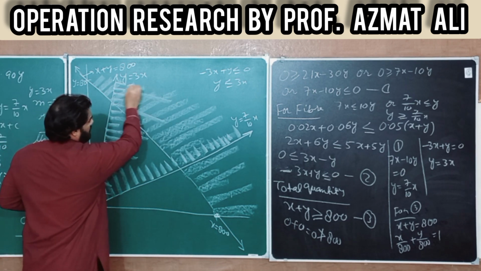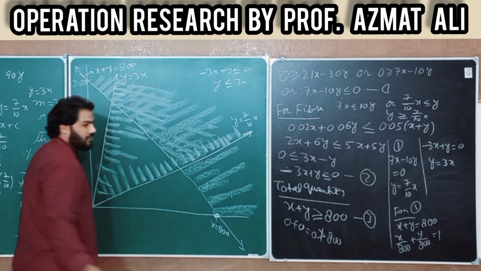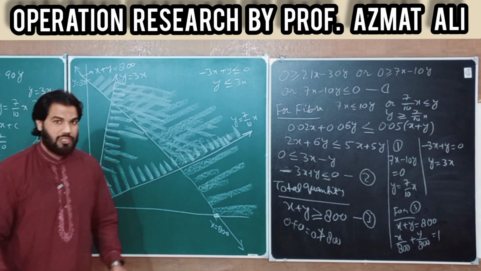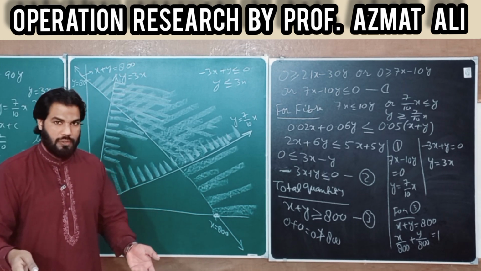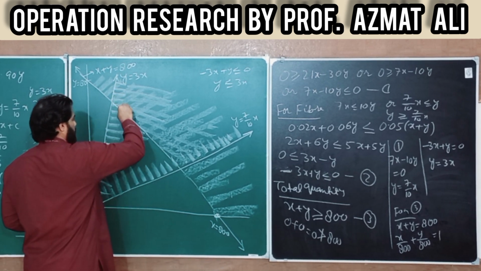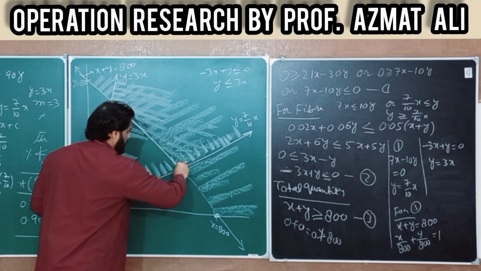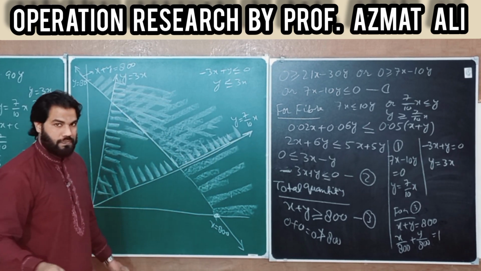So from all these three constraints, we can notice that the common area, or the feasible region, is this one. This is our feasible region, and it is an unbounded feasible region.